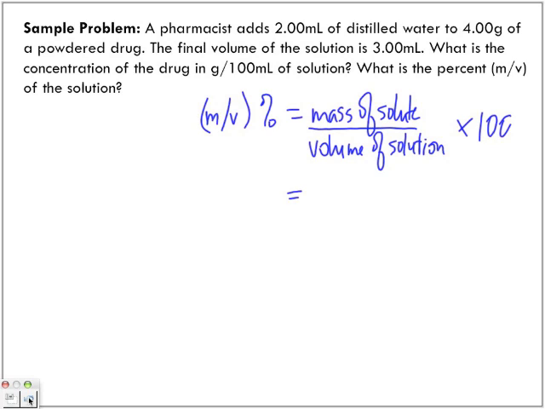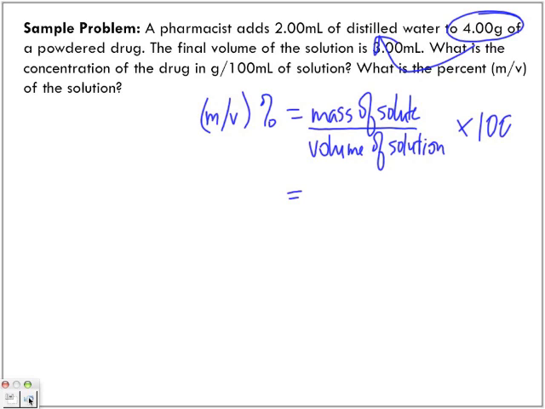So, what is the mass of the solute? We know that a pharmacist adds 2.00 milliliters of distilled water to 4.00 grams of a powdered drug. So we are dissolving a powdered drug into distilled water.